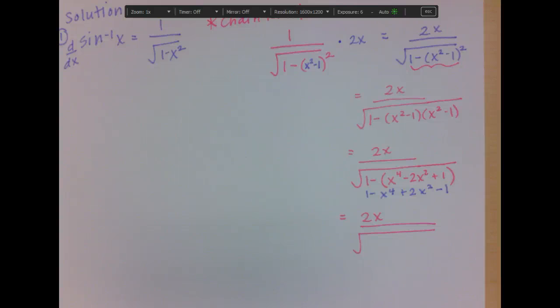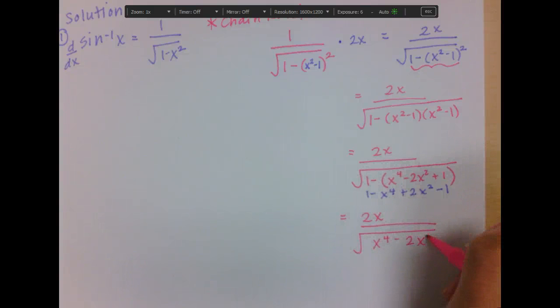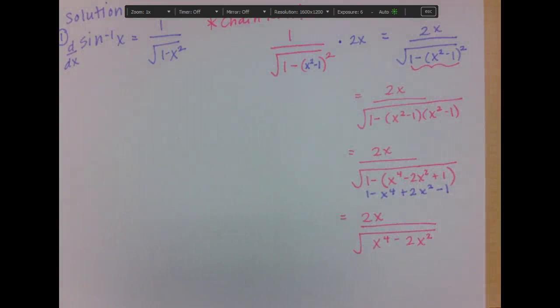It turns out the 1's cancel out, so we have x to the 4th minus 2x squared in the denominator underneath that square root. That answer should match what we saw in the PowerPoint.